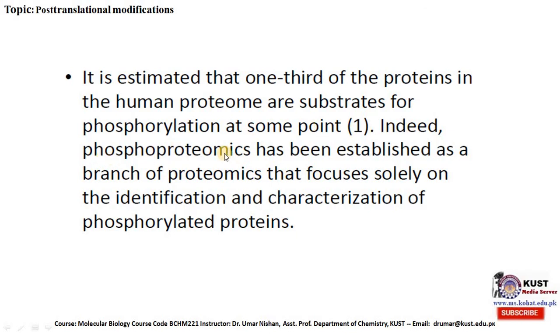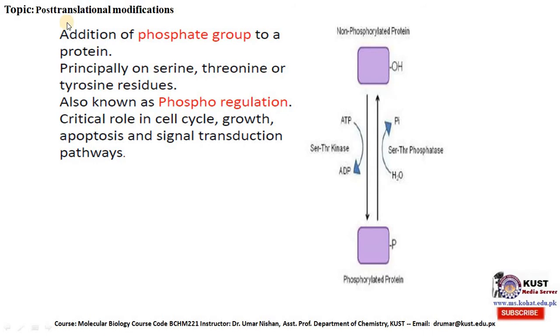Indeed, phosphoproteomics has been established as a branch of proteomics that focuses solely on the identification and characterization of phosphorylated proteins. Addition of a phosphate group to a protein, principally on serine, threonine, or tyrosine residues, also known as phosphoregulation, plays a critical role in cell cycle growth, apoptosis, and signal transduction pathways.